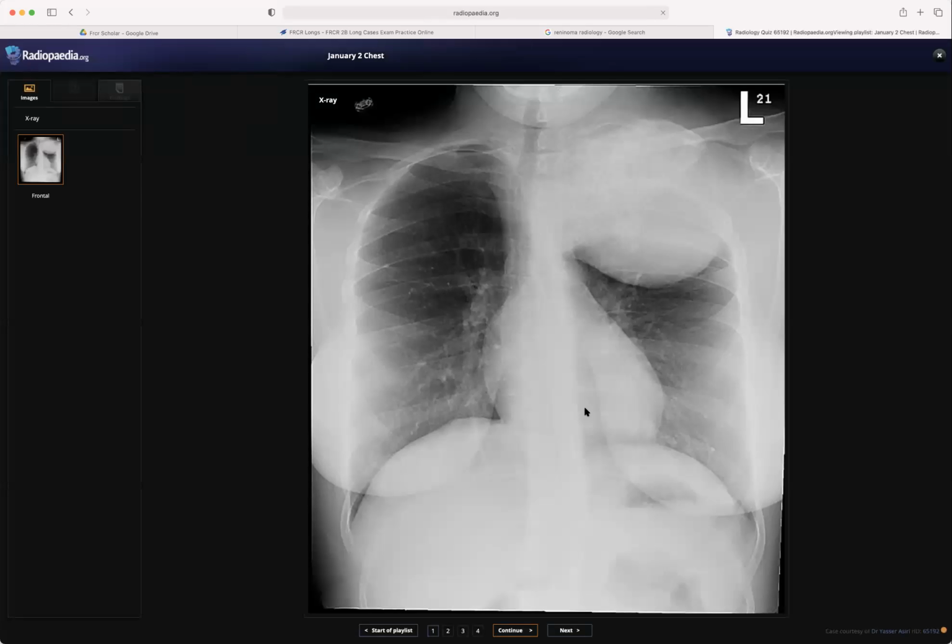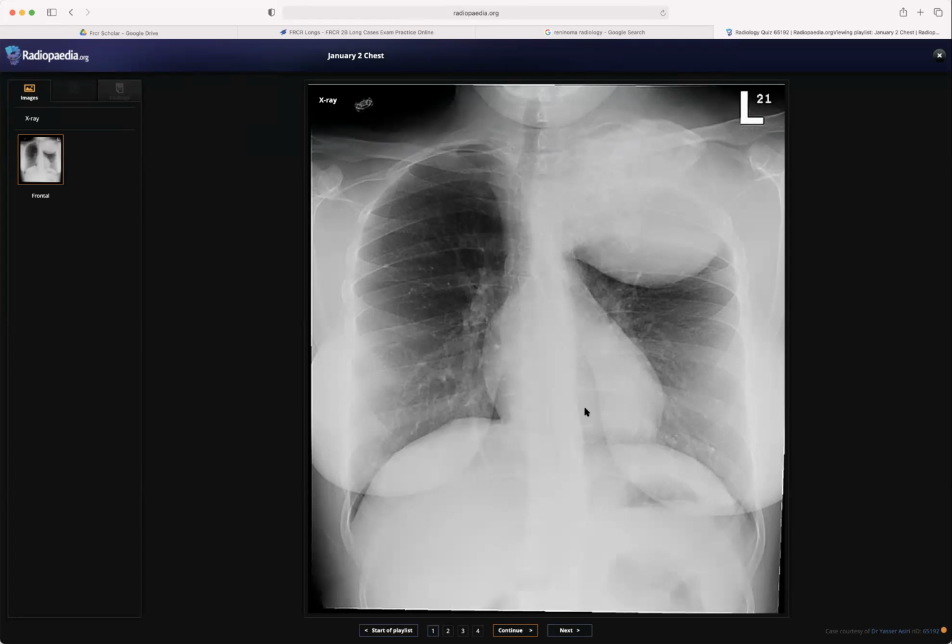I'm provided with the frontal chest radiograph of an adult. I can see a large, well-defined opacity involving the left upper zone with a sharp interface with the adjacent lung parenchyma.